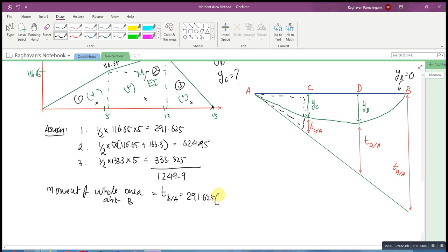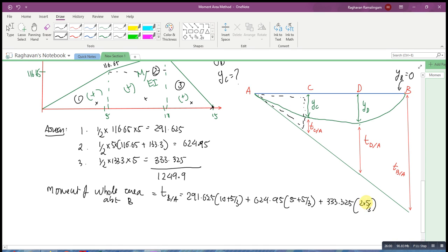So that gives me 291.625 into 10 plus 5 by 3, plus 624.95 into 5 plus 5 by 3, plus 333.325 into 2 times 5 by 3.